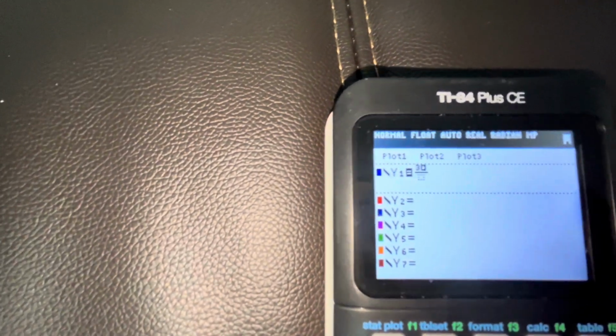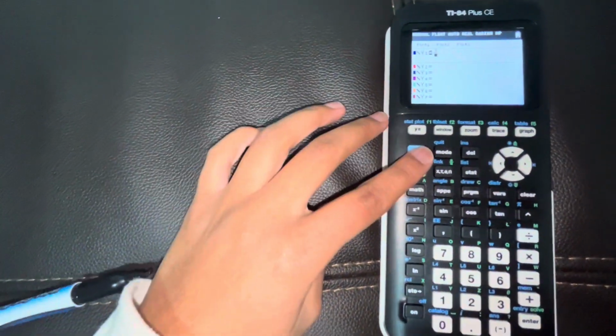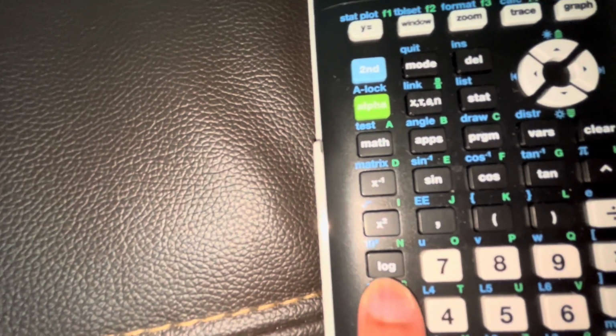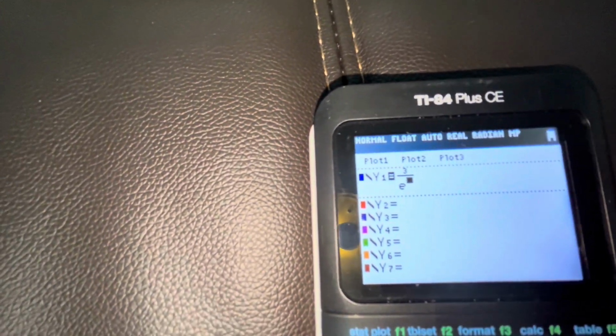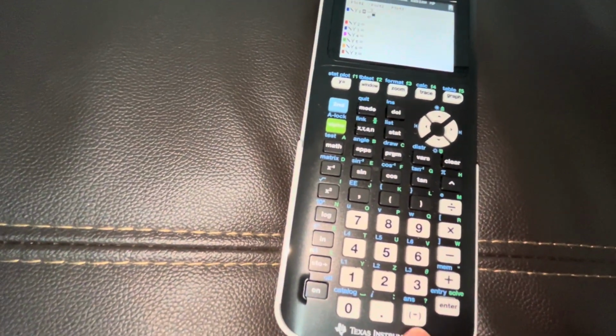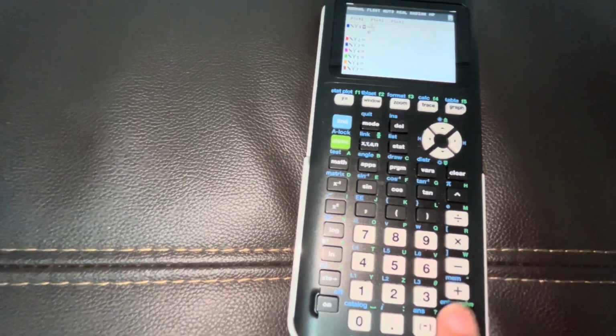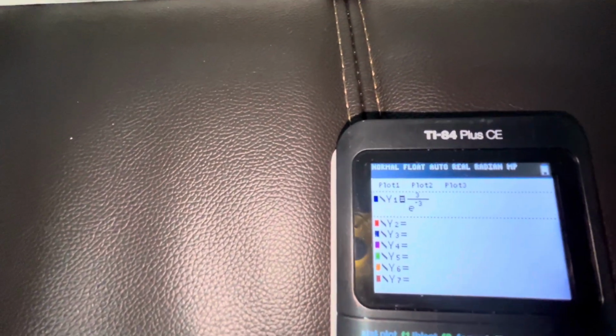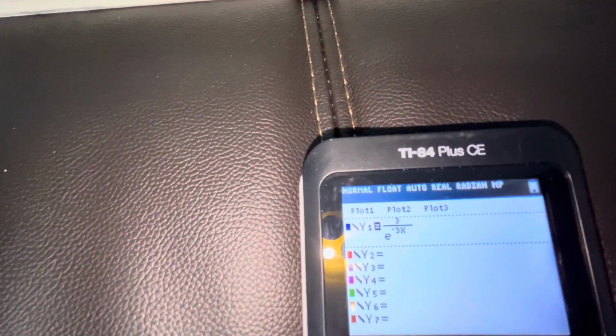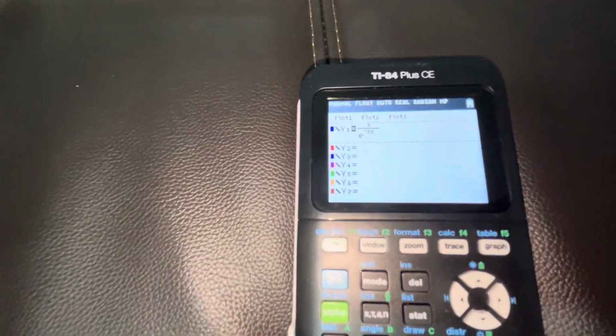So you're going to put in 3 at the top. Then to get your e, you're going to press second and see where the e is. It's right over here, where ln is. You're going to press second ln, which gives you your e. Then you're going to put in the power, which is negative. This is always a negative, okay? Not this one. This is subtraction. This is negative. And then you're going to put in 3x, and then you are going to add 1.